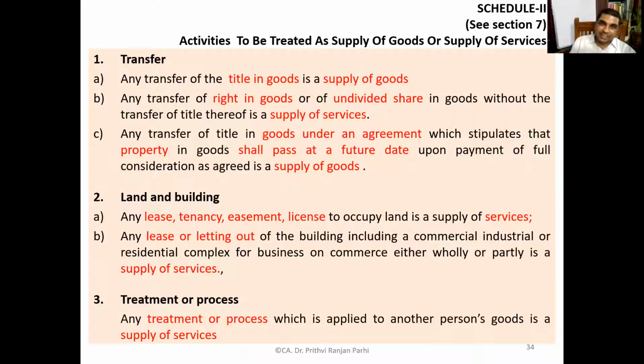Then, any transfer of the title of goods under an agreement which stipulates that property in goods shall pass at a future date upon payment of full consideration as agreed. In that situation, the title of the goods is going to be transferred through an agreement, and the agreement says the property in the goods, meaning the ownership, shall pass not today but at a future date, upon payment of full consideration.